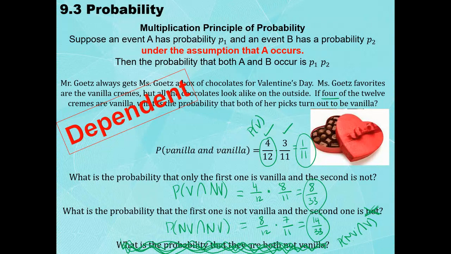Okay, let's see. The first one's not vanilla would be 8 out of 12 times the second one is vanilla. Well, there's 4 vanillas left out of 11, right? So after you've taken one that's not vanilla, you have a higher chance of getting it because there's less in there. So that's going to give us 8 over 33 also.